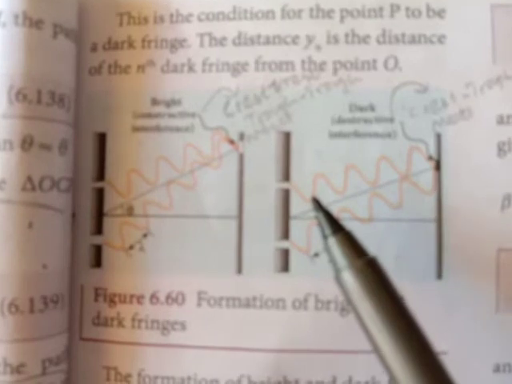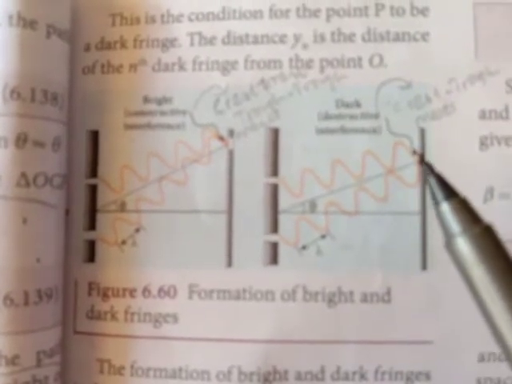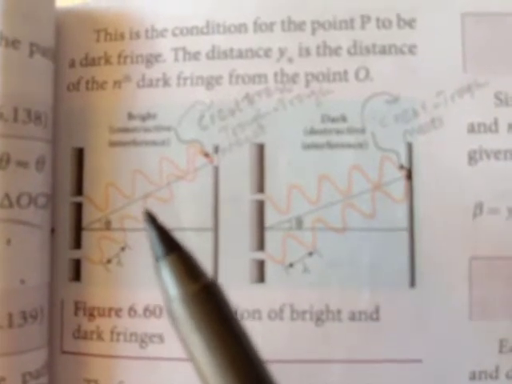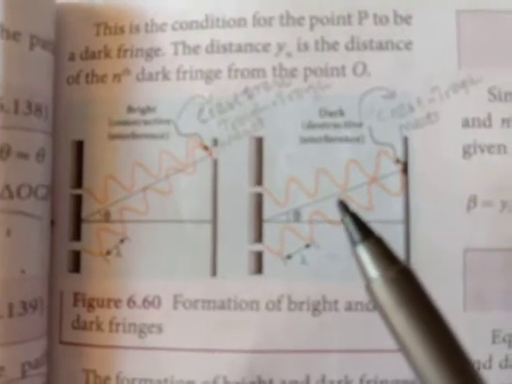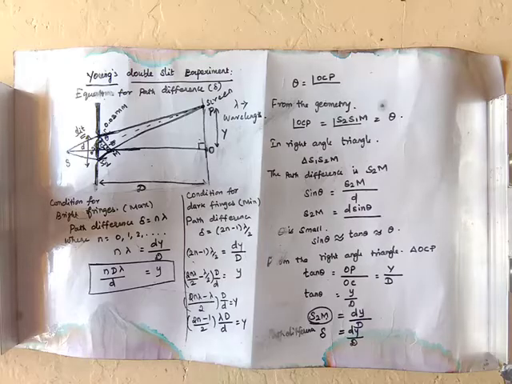Here the crest of one wave meets the trough of the other wave, so it produces destructive interference, which is a dark fringe. Here crest and crest meet, producing a bright fringe. Here the crest meets the trough, producing a dark fringe. This is the formation of bright and dark fringes.